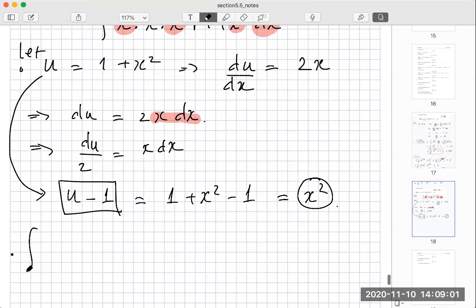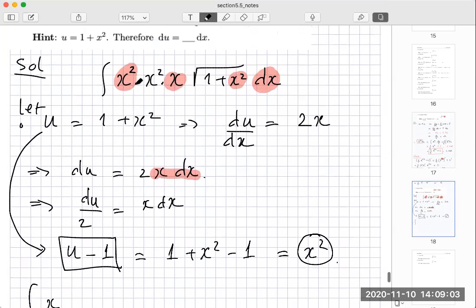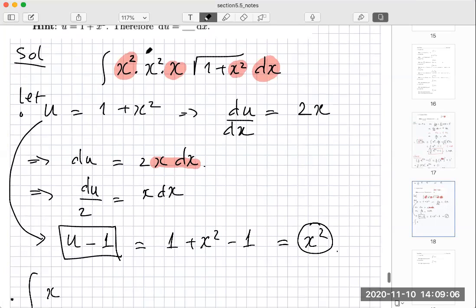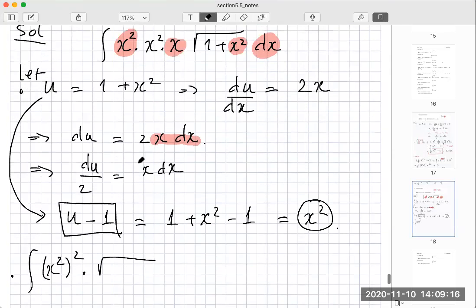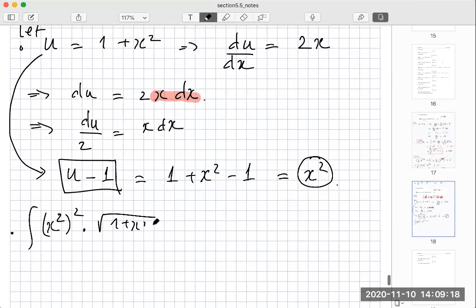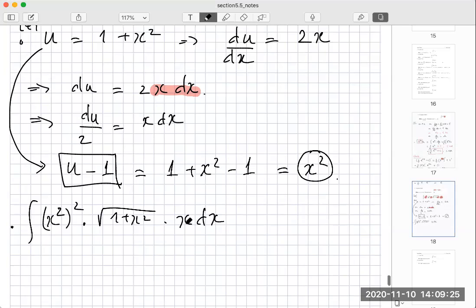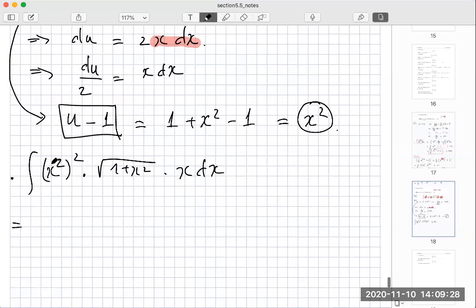So therefore, the original problem is x squared and then square root of 1 plus x squared, x dx. We just rewrite the original problem. And x squared is u minus 1. We replace it here, right?